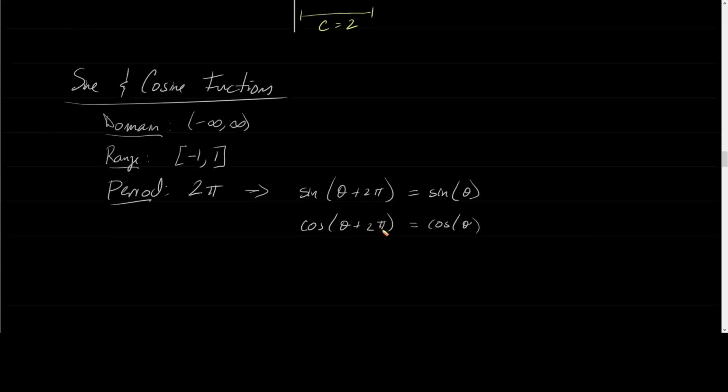All right. So, again, what this tells us is that they're both periodic, which means they have a period, and the period happens to be 2 pi.